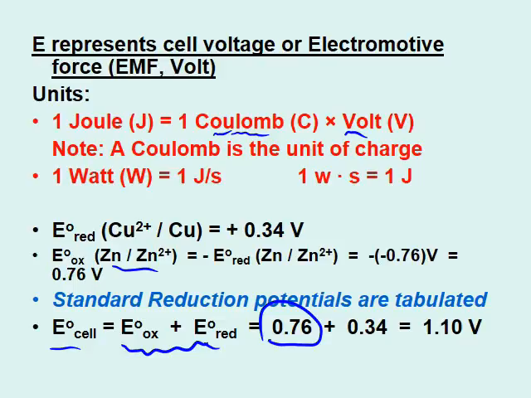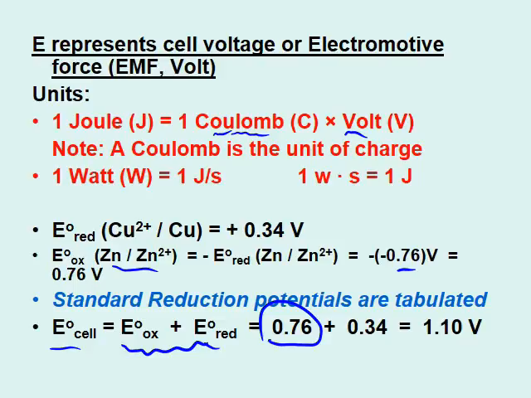If you look at the book, toward the end of the book, there is a table given. In that table, we'd find the value is minus 0.76. That's the reduction potential. That means if zinc underwent a reduction reaction, then it would have the value of minus 0.76. In order to convert that into oxidation, just change the sign.